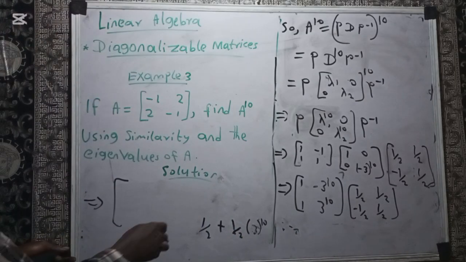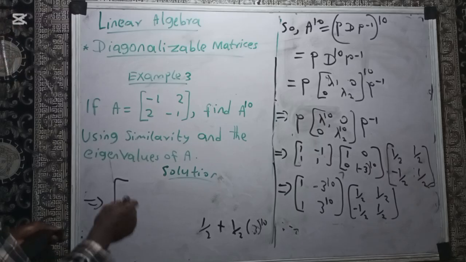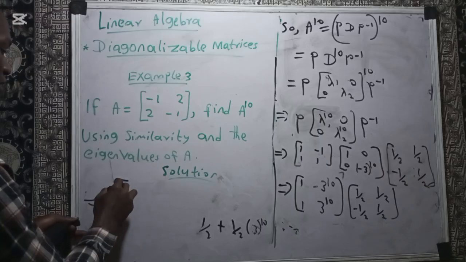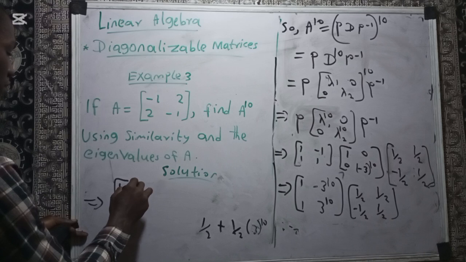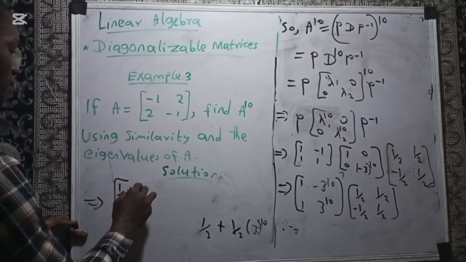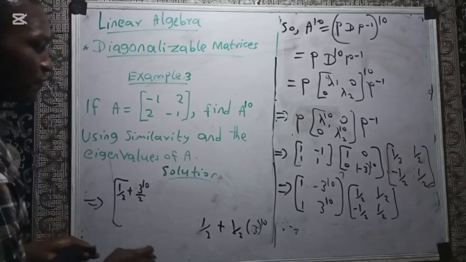So this is what we are going to have, and we can write it here. This is half plus 3 raised to the power 10 over 2. That's the first entry.